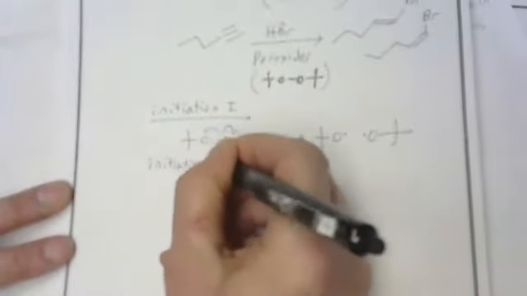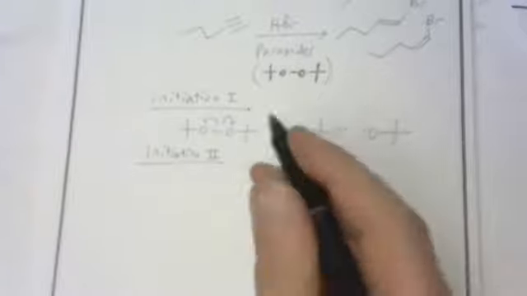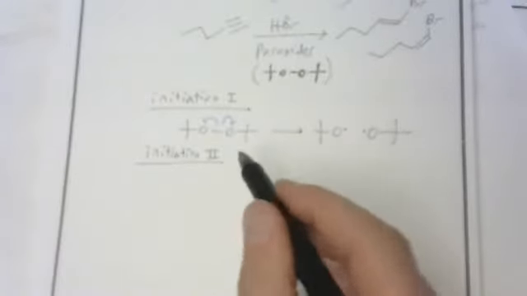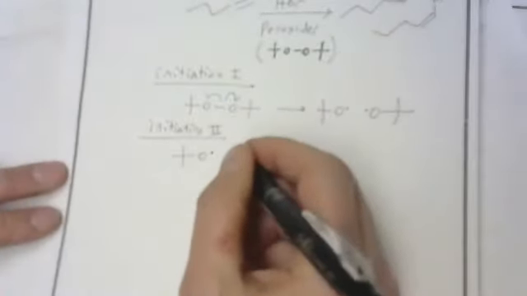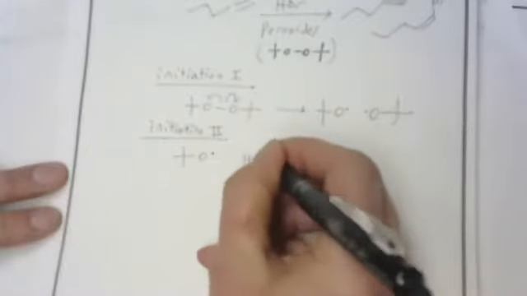Initiation 2 will be a second step of the initiation process that gets this chain reaction started. So initiation 2 is now I draw another one of the tert-butoxy radicals, and I'm going to react it with HBr. And this is going to rip off the hydrogen atom and kick off a Br.